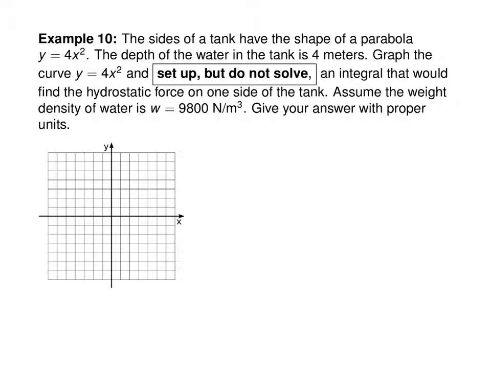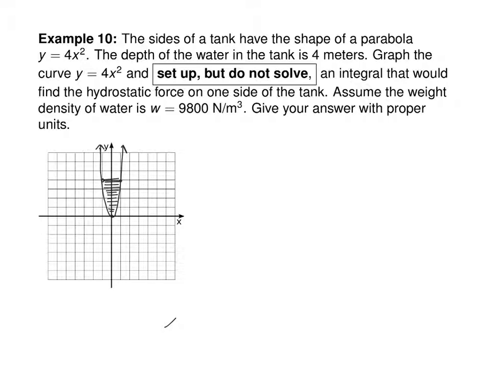And the final topic we discussed was fluid pressure and force. So we have a tank that's the shape of a parabola y equals 4x squared. So it goes through the points 0, 0, and 1, 4. It's a very steep parabola, sort of a U-shaped tank. And we want to find the force on one side of the tank.